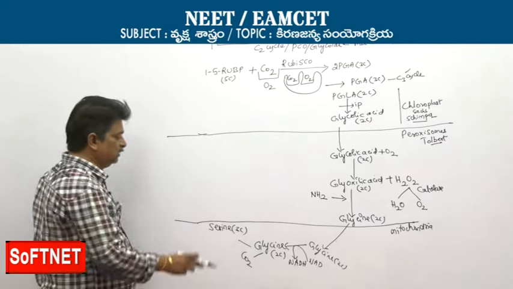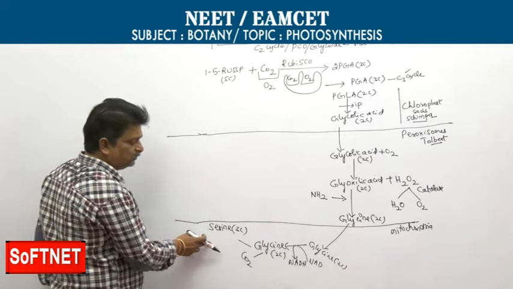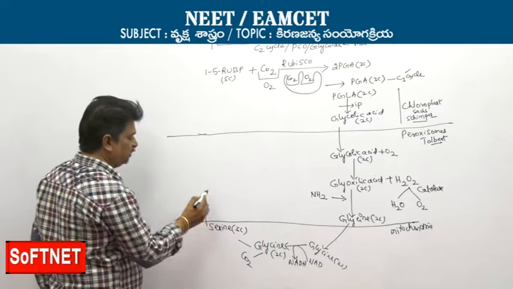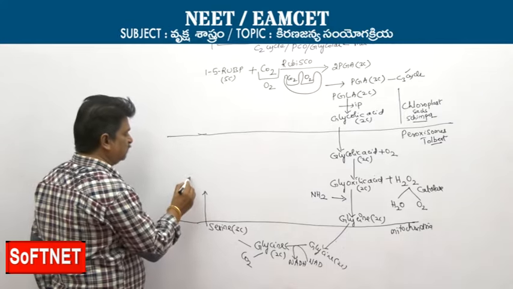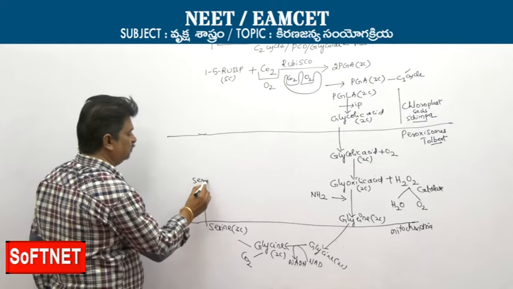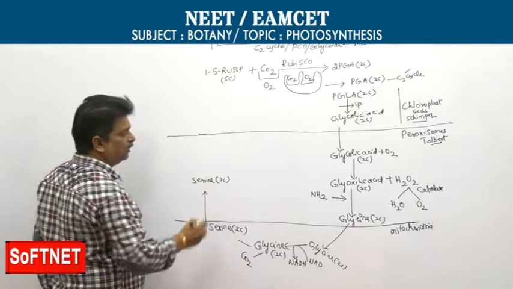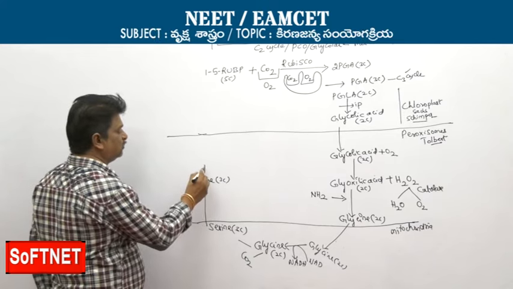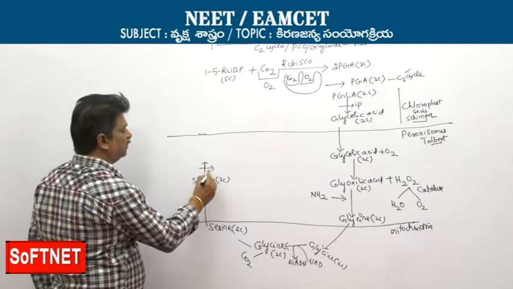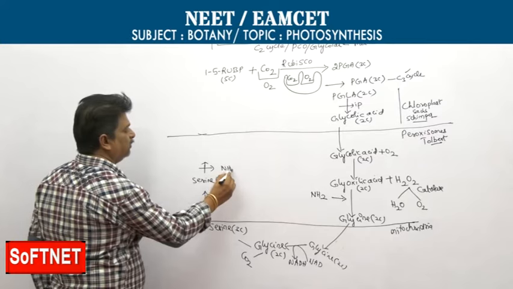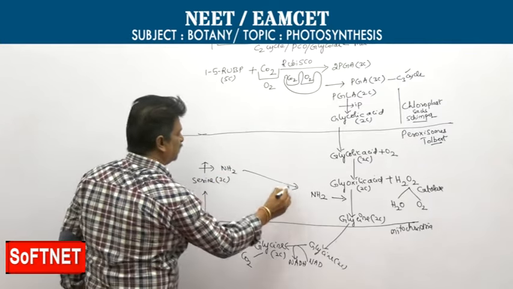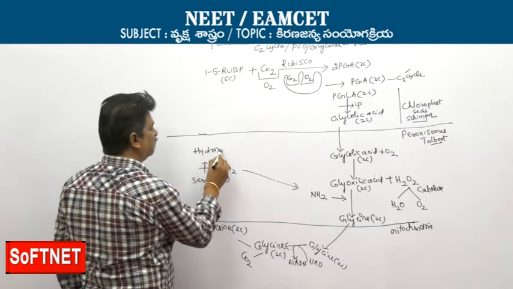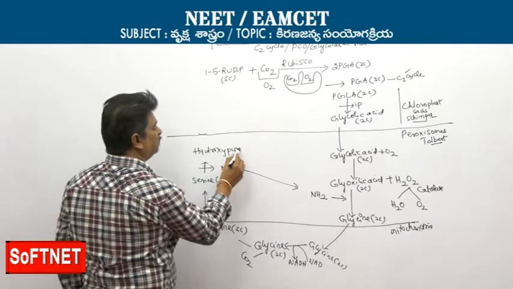After formation of serine in the mitochondria, this serine enters into peroxisome. In peroxisome, this serine by deamination forms hydroxypyruvate.